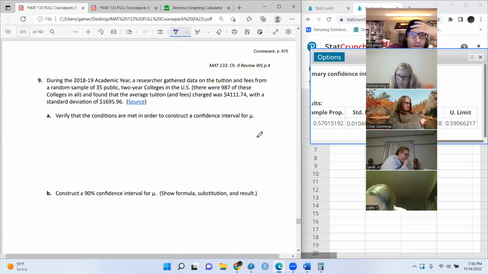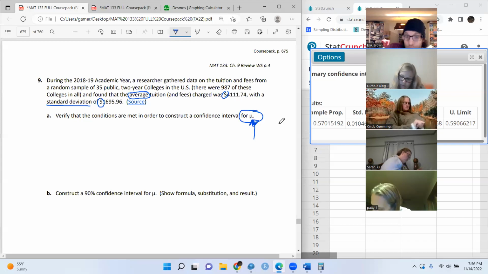A mean. Good. The word average gives it away. The units on the numbers give it away. And the standard deviation gives it away. And then the most obvious is we literally say use mu. And we're assuming, go ahead. Yeah, that's fine.